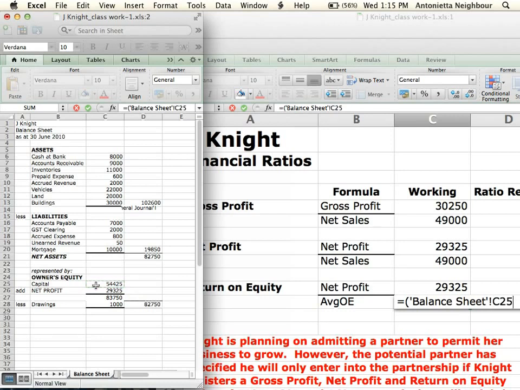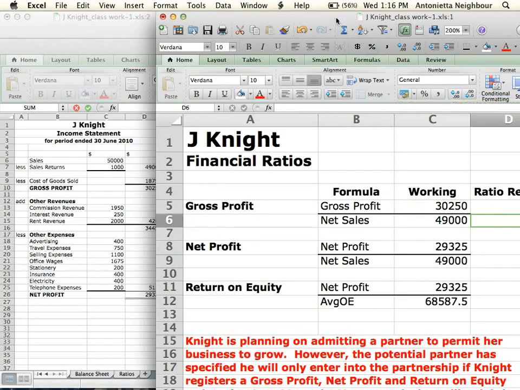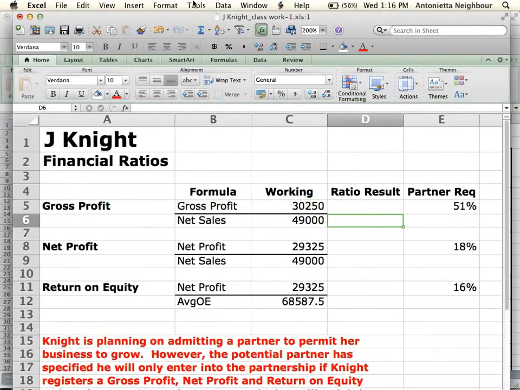That's how much capital we started at the beginning of the period, plus the equity we finish with on the period, which is $82,750, close brackets and divided by 2. So that's what I get for my average equity. Bring your figures across and see if you agree. Any questions?